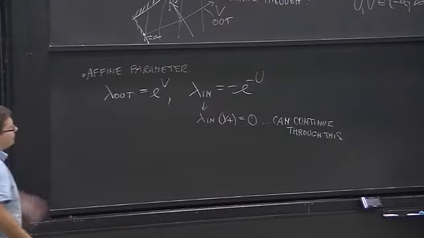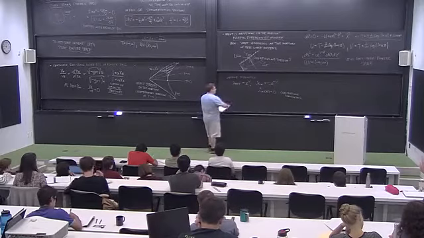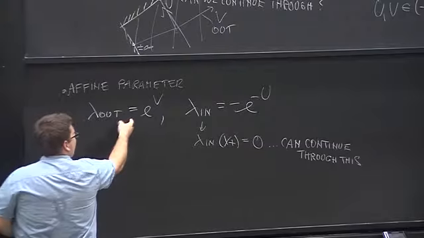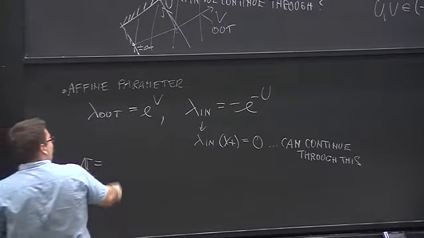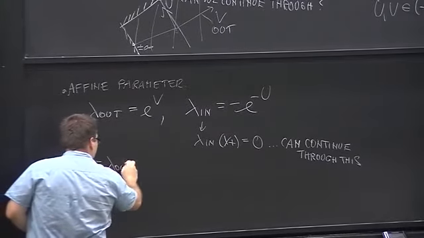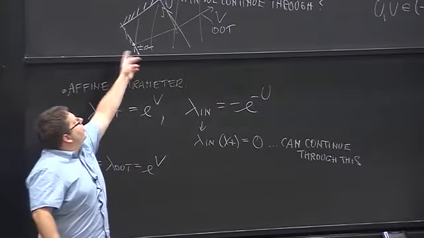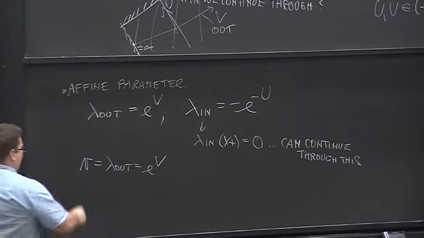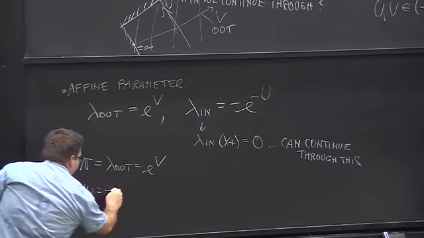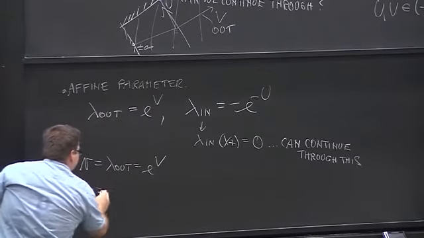For this purpose, I just introduced new coordinates. So v is simply equal to this affine parameter, lambda out, which is equal to e^v. That one will continue through this. And then u is equal to minus e to the minus u, which is lambda in.